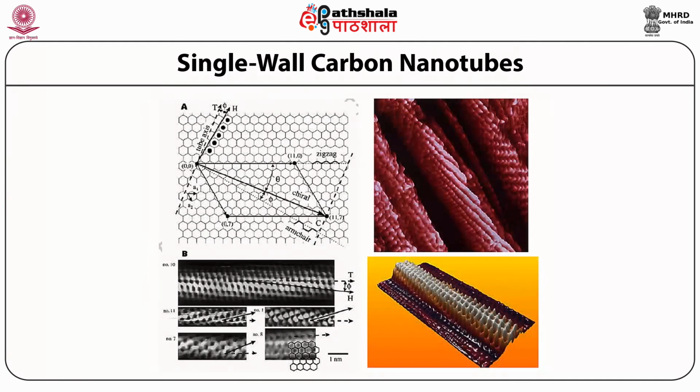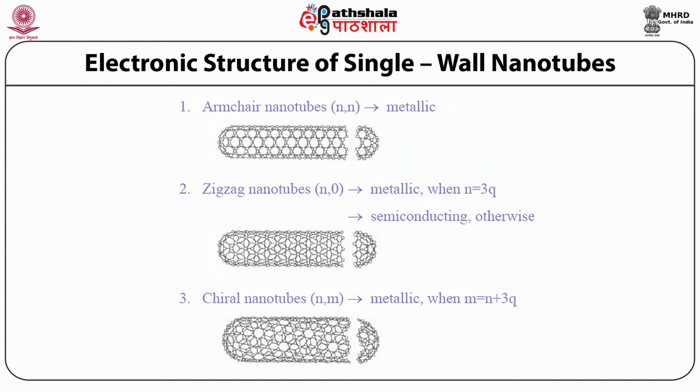So these are the STM images of single-walled carbon nanotubes. Electronic structure of single-wall nanotubes: the first is the armchair nanotube N,N, which is metallic.